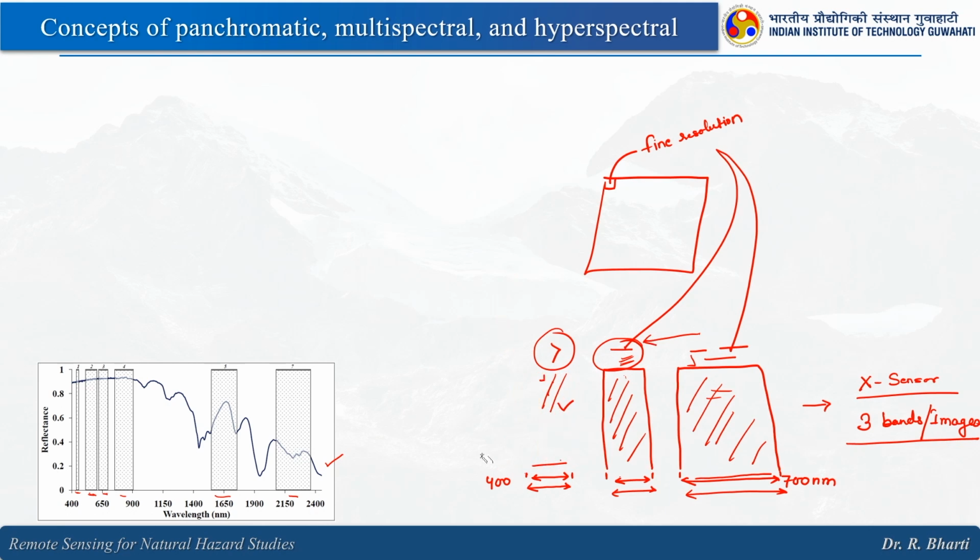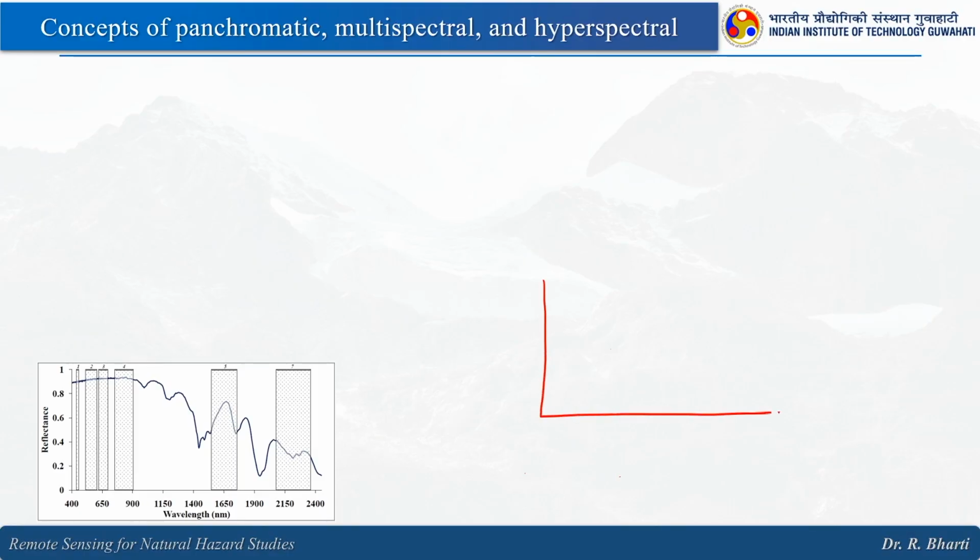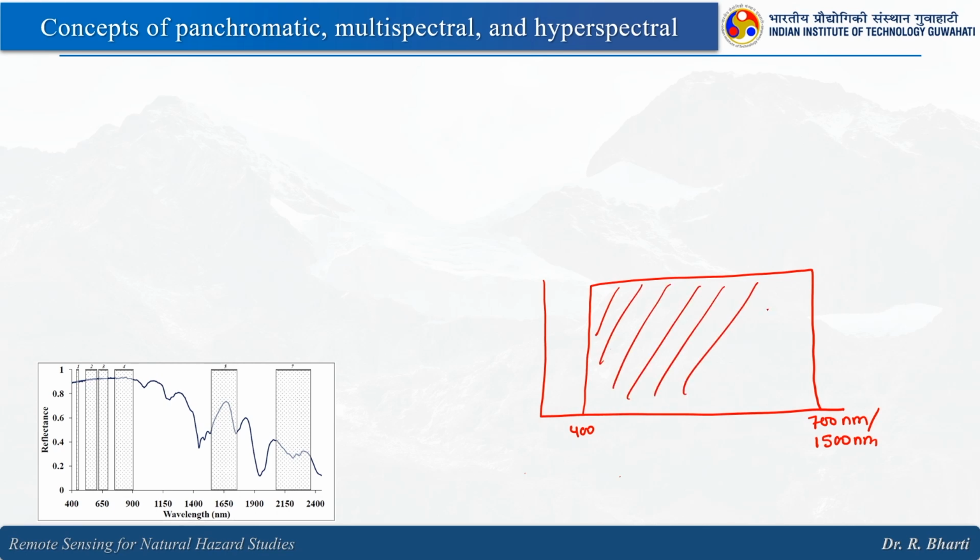So, taking these things into the concept, considering this basic information, we can design a particular sensor which is sensitive maybe in the whole wavelength range starting from 400 to 700 nanometer or maybe 1500 nanometer, right. So, if I generate a single image using this whole wavelength range, this is a broad wavelength range.